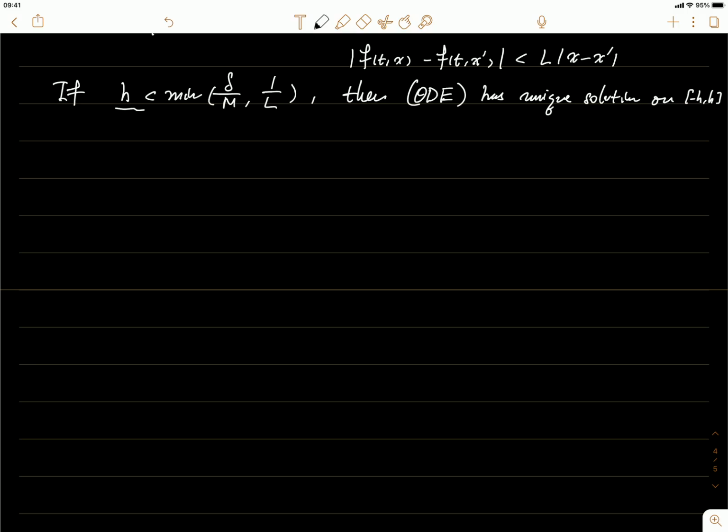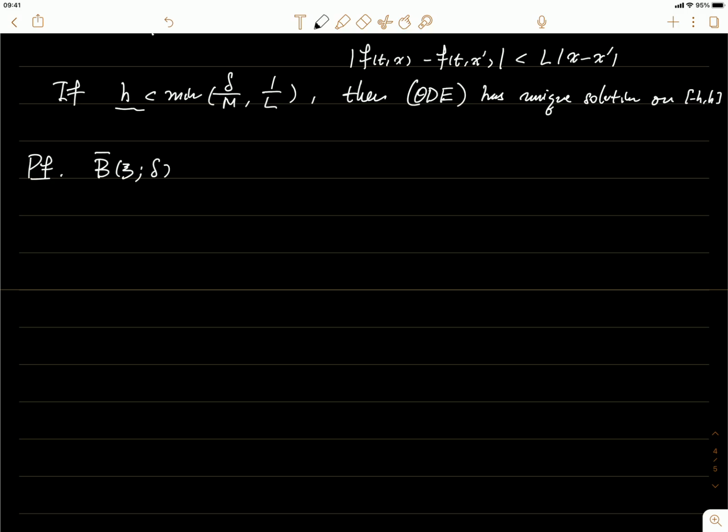And to show this, you can use the Banach fixed point theorem. To show that, we first give a definition for notation here: B bar of C, delta.